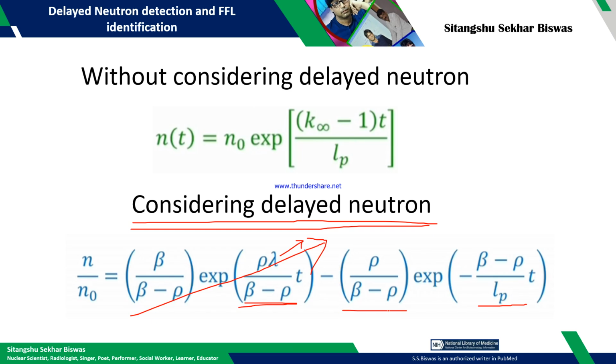And here you can see this beta minus rho term is there in the coefficient as well as in omega 2. Because this is a negative quantity, this term should be negative, and only then negative into negative will be positive.